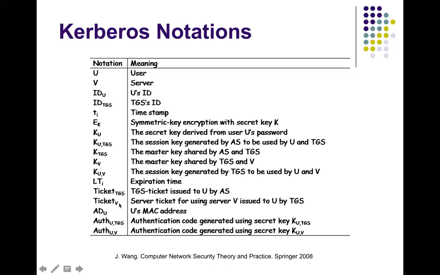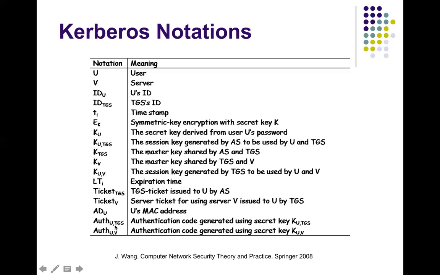And ticket sub V is the server ticket for using service V, which is issued to user U by the TGS server. And AD sub U is user U's MAC address. Okay, so the machine address of user U's computer.